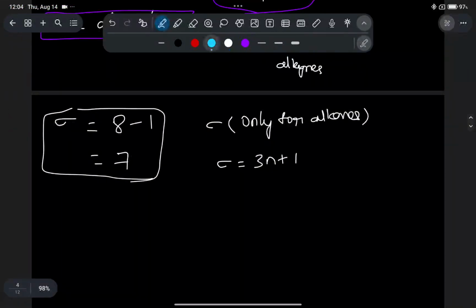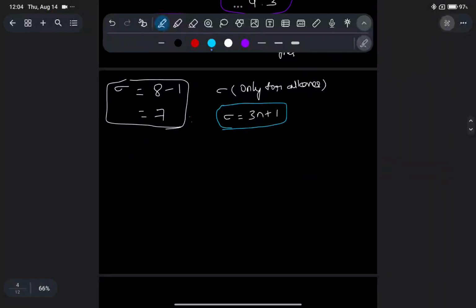You can remember it, but don't use only this formula, because the atomicity method is very helpful to you.